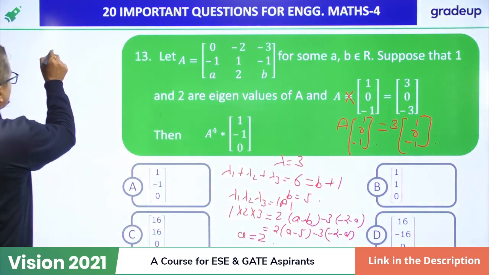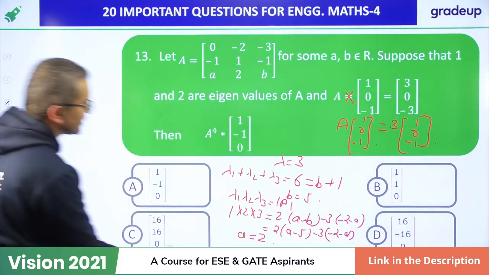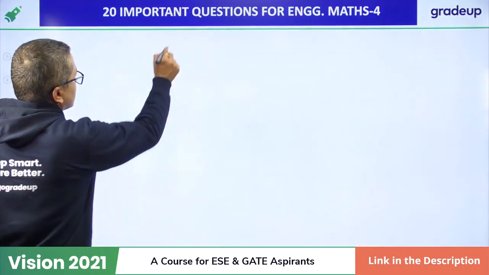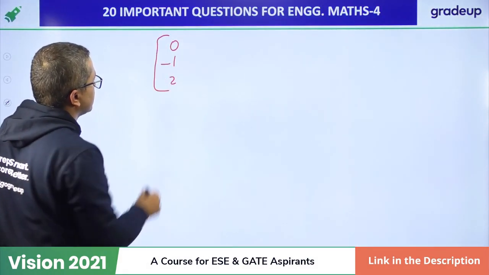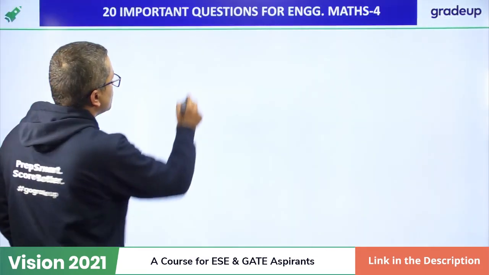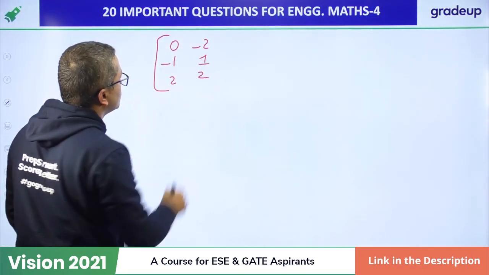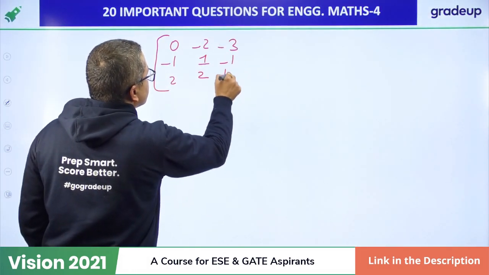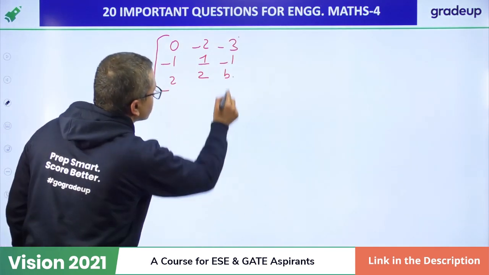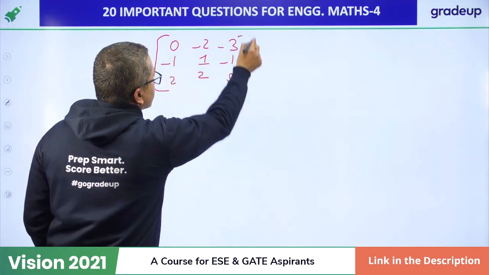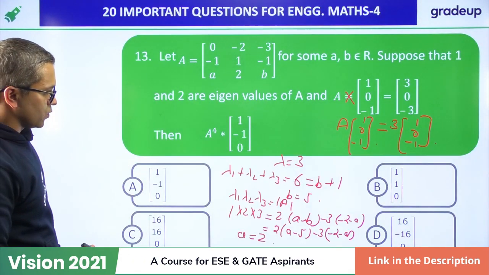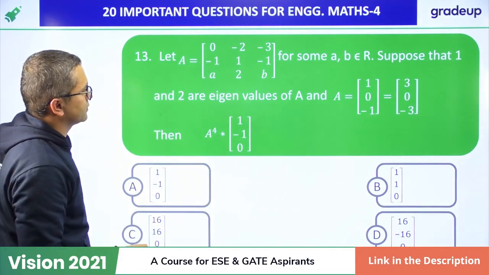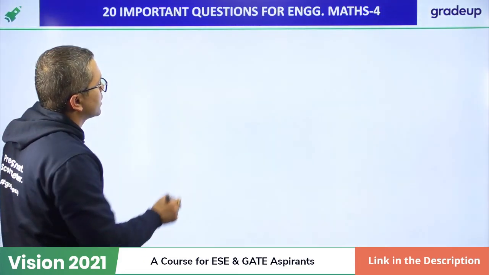So what I'm going to do is check: 0, minus 1, A, which is 2, minus 2, 1, 2, minus 3, minus 1, B, and B is nothing but 5, so I'm going to put 5 over here. Yes, so I'm just checking if this is the eigenvector of A.